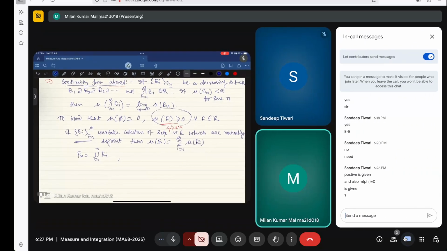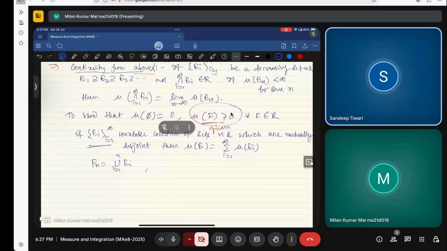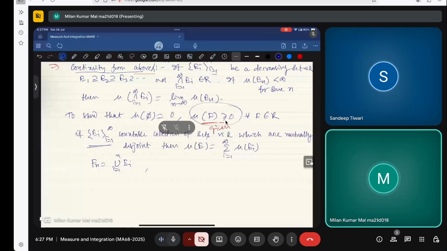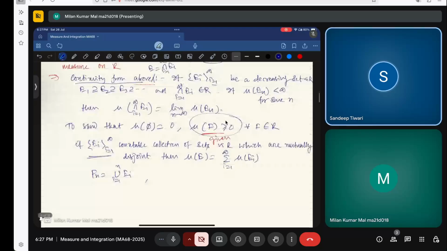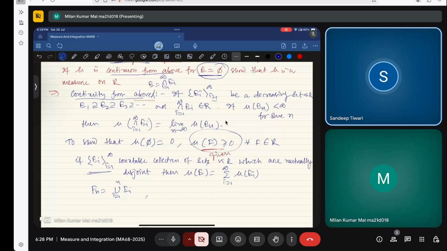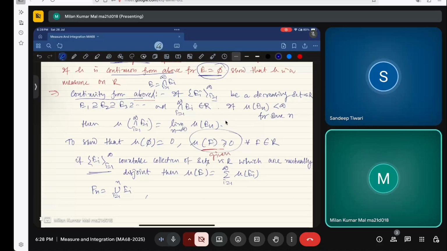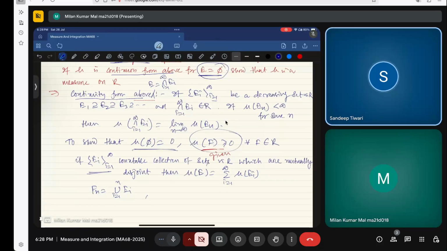You are asking that mu of the empty set is zero, how is it shown?